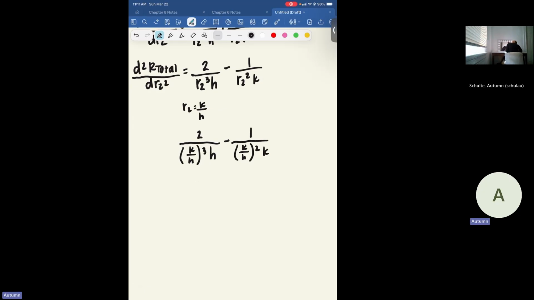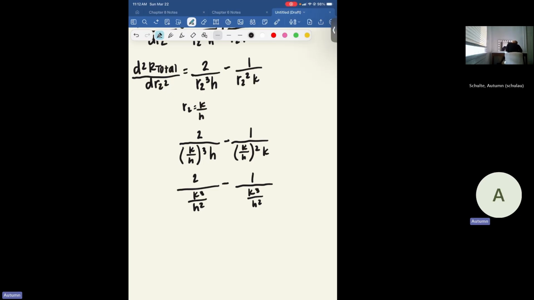So we are going to manipulate this. We're going to have 2 over K cubed over H squared minus 1 over K cubed H squared.